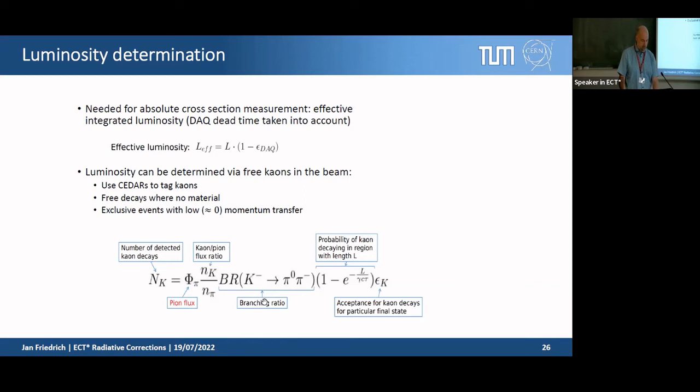Then the respective branching ratio of the decay we are interested in, the probability of a kaon decay in our decay volume, and the acceptance for the kaon decays by the spectrometer. So this has to be taken into account by a simulation also.